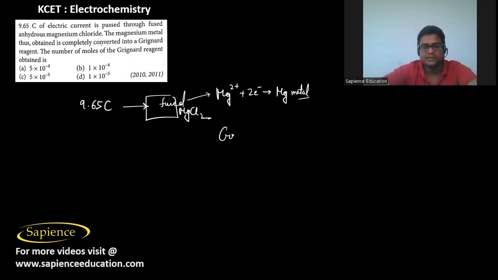Grignard reagent is given as RMgX, where R is some alkyl group and X is some halogen.